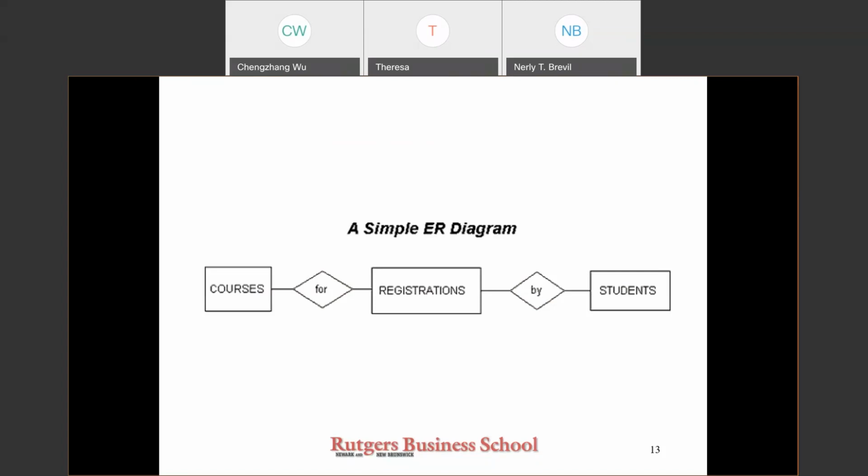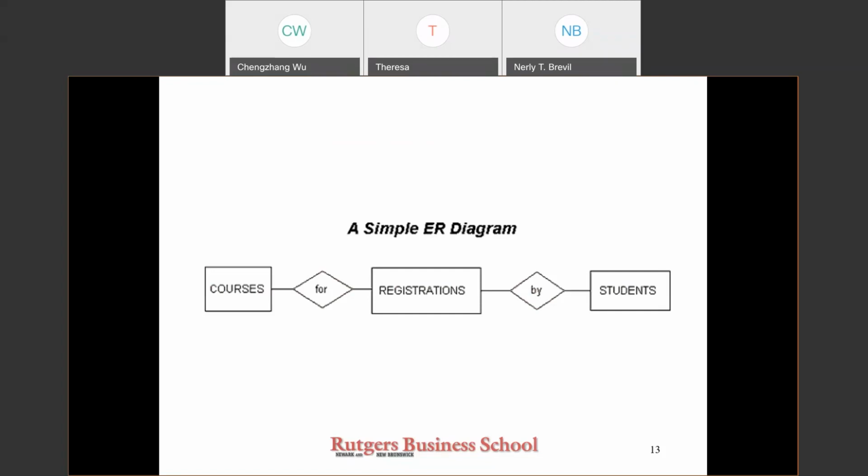Associations between entities are relationships, as shown in the simple ER diagram. "For" is the relationship that links the courses entity with the registration entity.